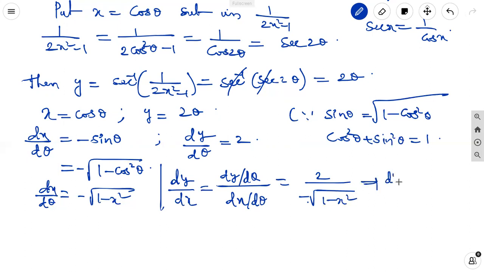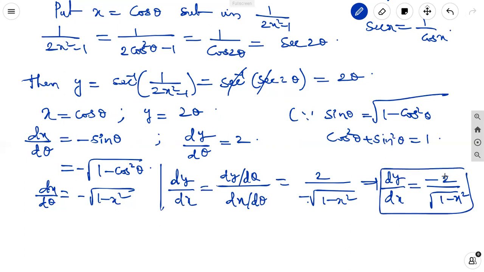From this dy by dx equal to minus 2 by under root of 1 minus x square. Okay, here 1 minus x square. Here theta equal to cos inverse x. This is the solution.